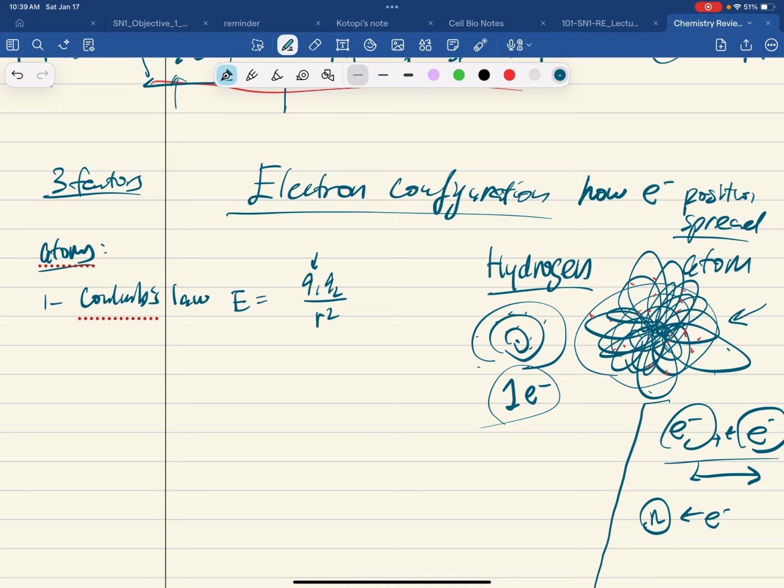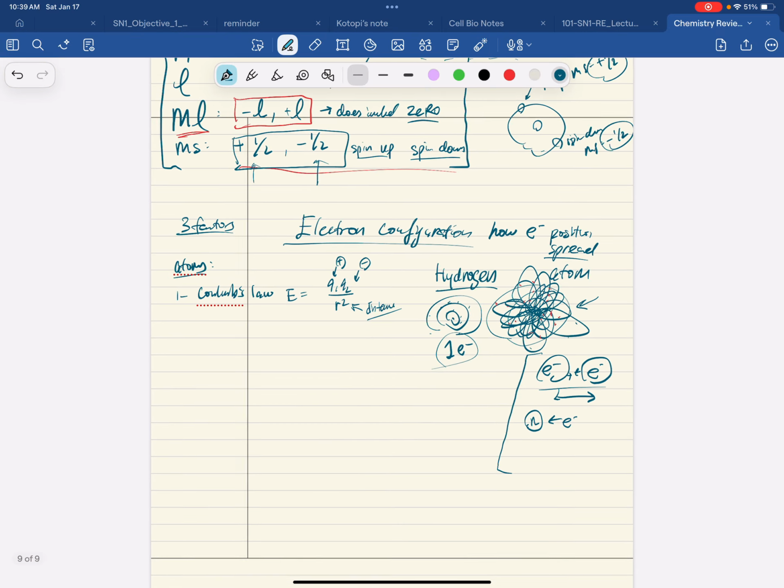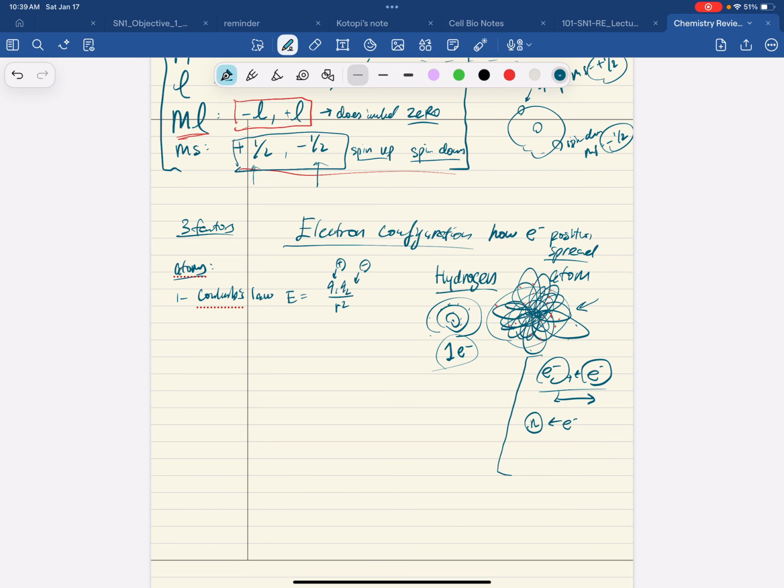Q1 is the positive charge, Q2 is the negative charge, divided by the distance. If they are both positive, it's going to be a positive energy, and if it's a plus and a negative, it's usually a negative energy. Either way, you just need to remember that the smaller the distance, the bigger the energy, so they're more attracted, since it is a division, as you can see.